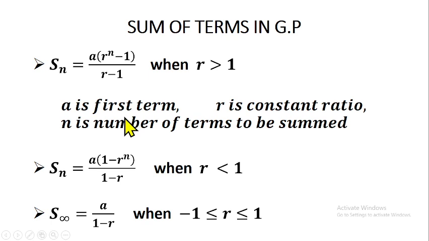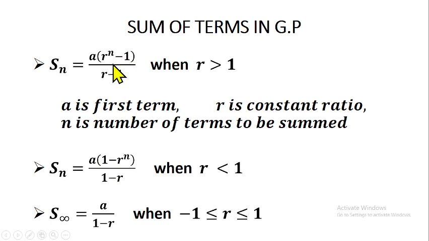Are we there? Also here you are having A into 1 minus r raised to power n over 1 minus r. Please take note of what you are having here. When r is greater than 1, r comes first before minus 1. When it's less than 1, you are having 1 minus r. Here you are having r minus 1.